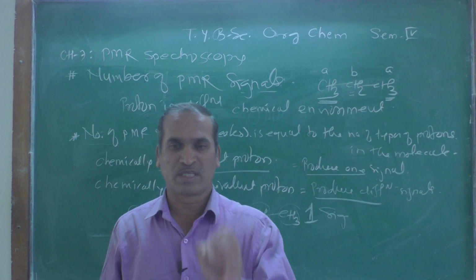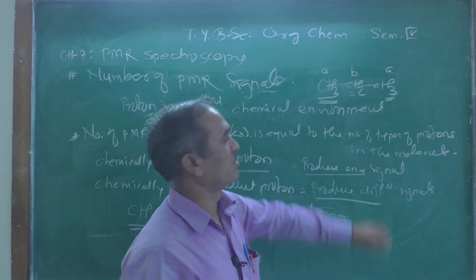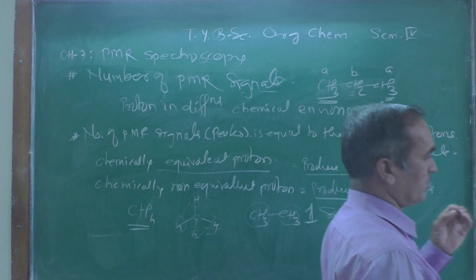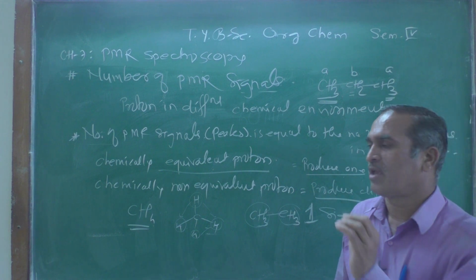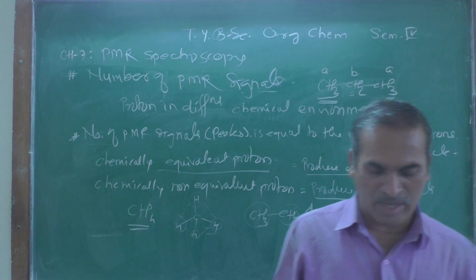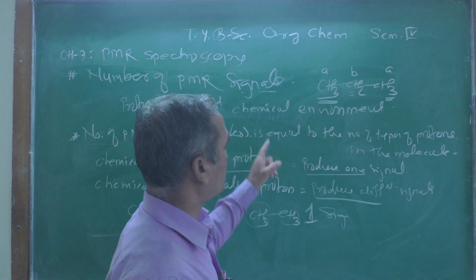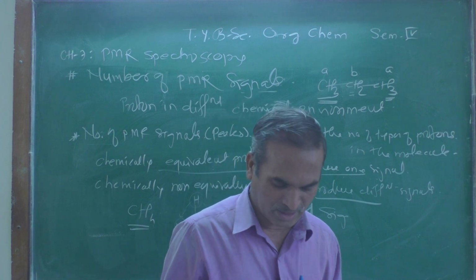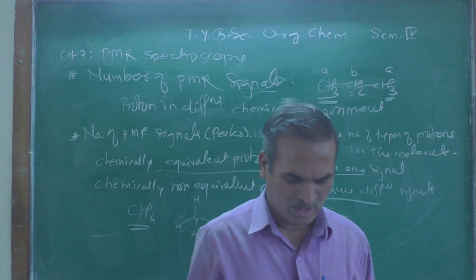So 2 signals are obtained from this propane molecule, or propane will give 2 PMR signals. This is the way to identify the number of signals present in the following molecules.